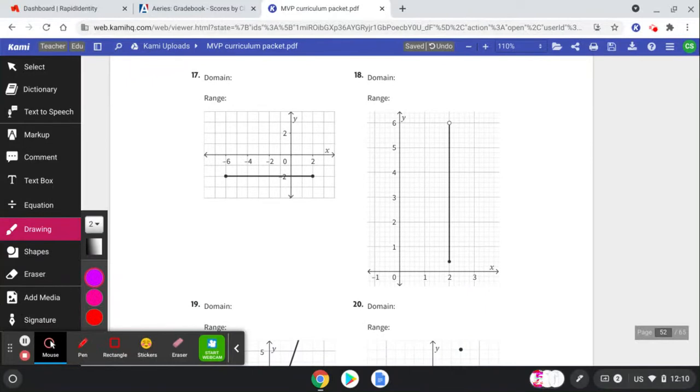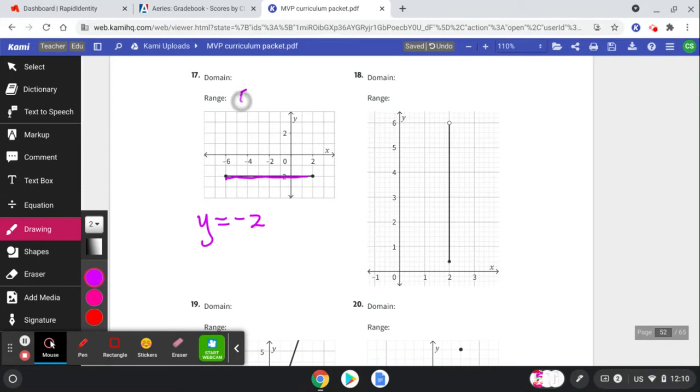Okay, the range of this one. Notice it's just a straight horizontal line through a specific value. It means that the equation of this line is y equals -2. So no matter what x is, y is always -2. So what's my range?